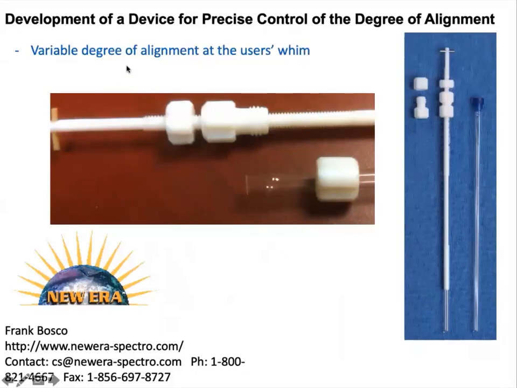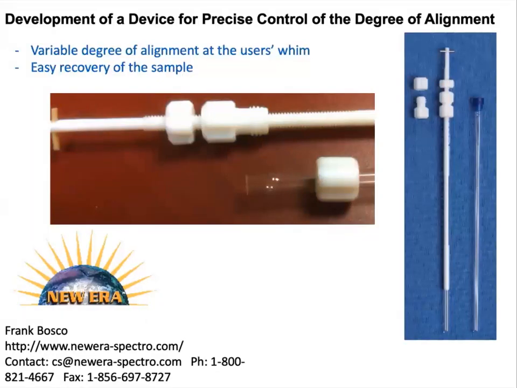And with this plunger, you have a variable degree of alignment at the user's whim. You relax it, you don't see alignment, you see an isotropic spectrum. So you compress it, and then depending on the degree of compression, you can see different degrees of alignment, and you can judge that by the splitting of the deuterium NMR spectrum.